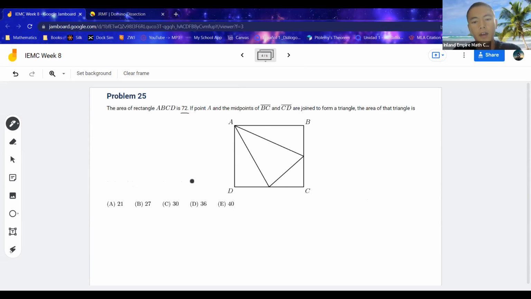Again, these are midpoints, which means they divide the line in half. They're joined to form a triangle right here, as you can see. And our goal is to find the value of this question mark, which is the area of this triangle.